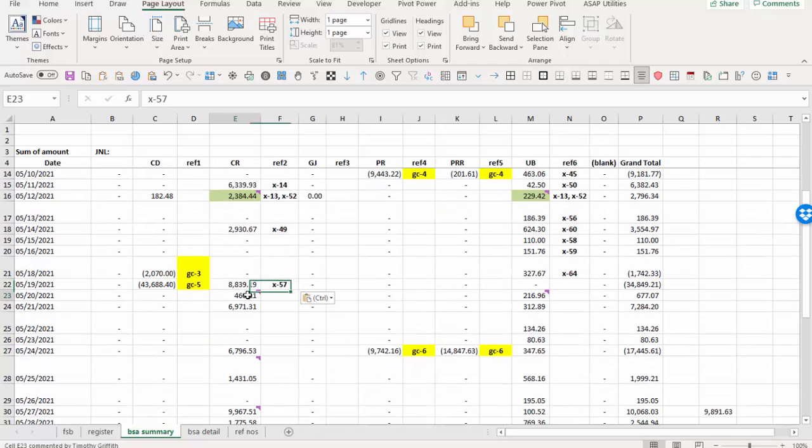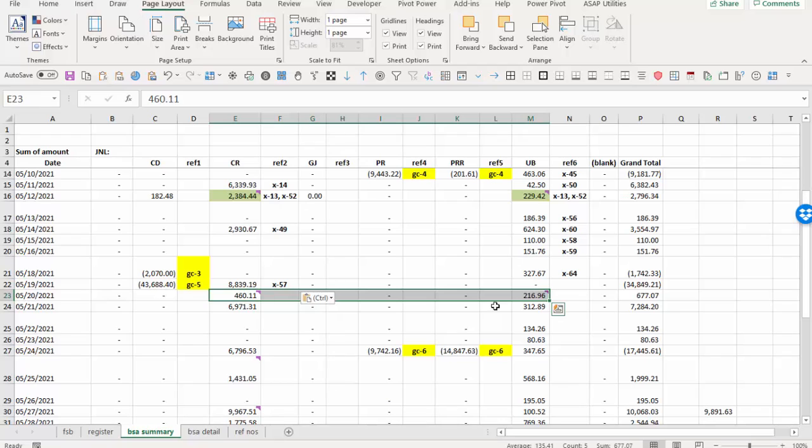So on May 20th, we had $460.11 in in-person payments and $216.96 as online payments for a total of $677.07.